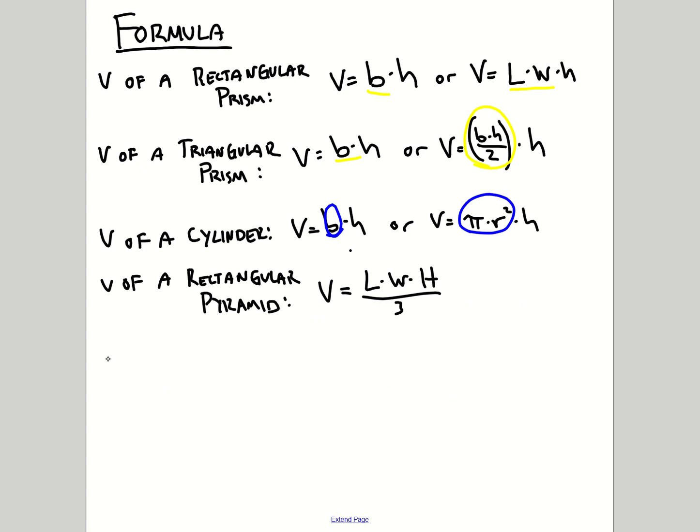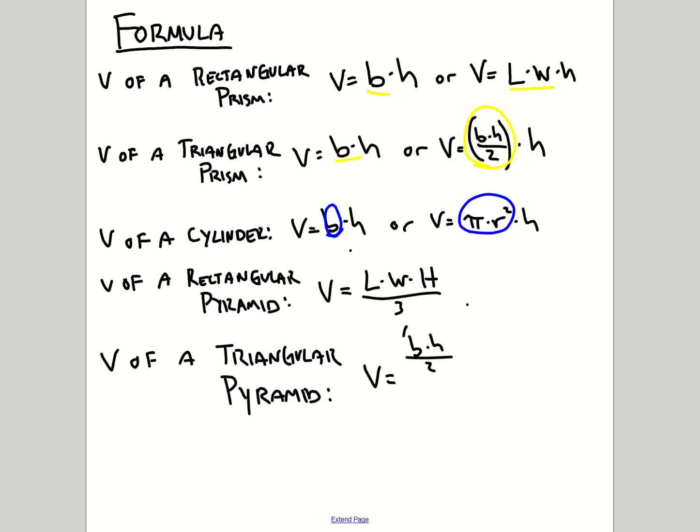We've got volume of a triangular pyramid, and that is volume equals base times height divided by 2 times the big height, all divided by 3.